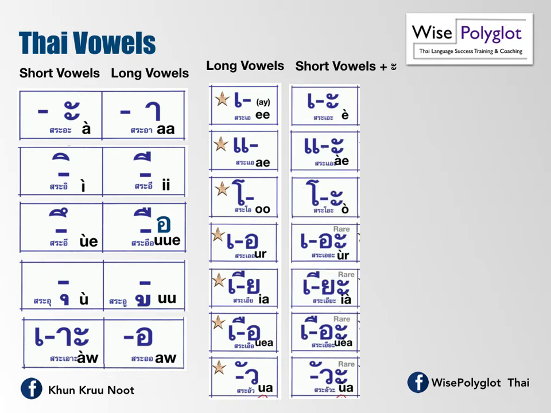Okay, now let's read long vowel and short vowel together. A, a, a, a. As you notice, the a for short and long look exactly the same. Only the short one has the a behind. Okay, a, a, a, a. O, o, o, o.